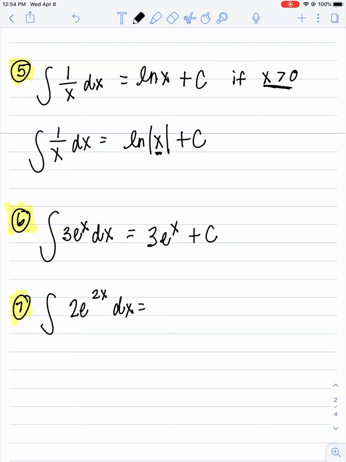It was 2e to the 2x, okay? And so the antiderivative of this will actually be 2 divided by the coefficient of the exponent with the x. So it'll be 2 divided by 2, e to the 2x plus c. And so this will just be e to the 2x plus c because that simply divides out.